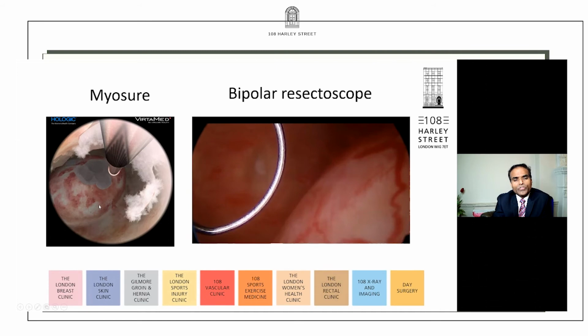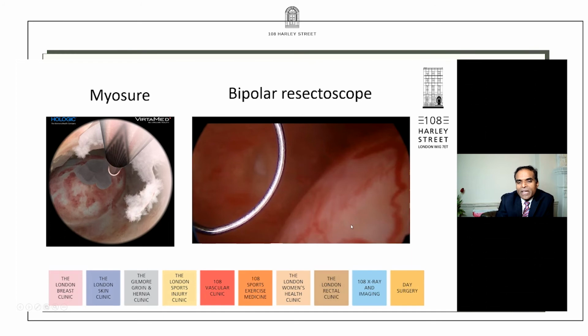These are the 2 modalities available in the UK as of now. The one on your right side is the bipolar resectoscope. Later I will show you the video. The reason I'm showing you this is that the bipolar resectoscope uses heat energy to cut the fibroid.